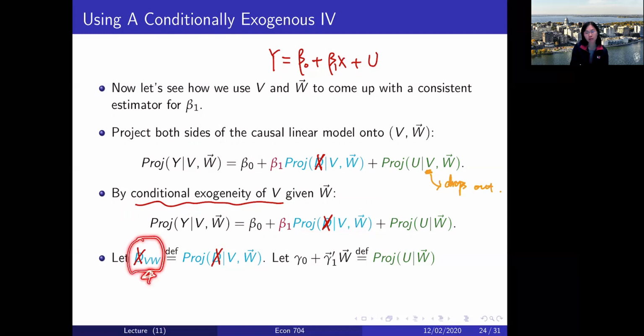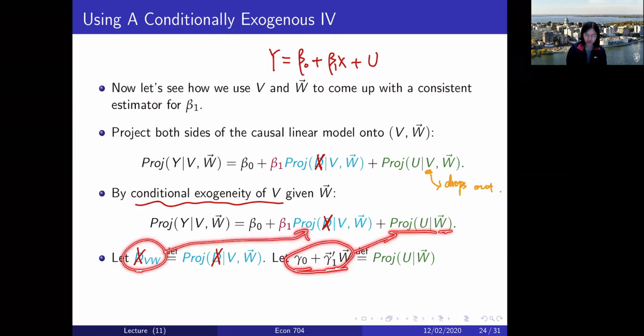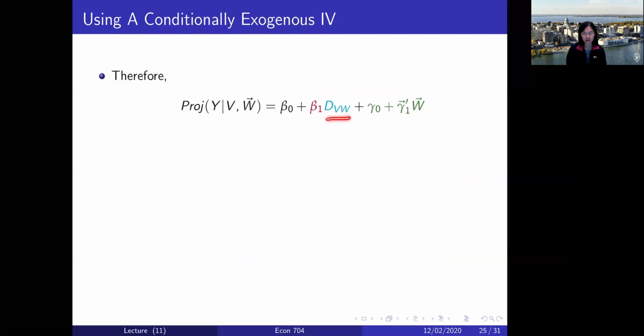So that is the part of X that is picked out by V and W. We also write the projection of U on W as gamma 0 plus gamma 1 prime W. Now we plug both of these into that equation, and what we are going to get is this: the projection of Y given V and W will be beta 0 plus beta 1 X sub VW.